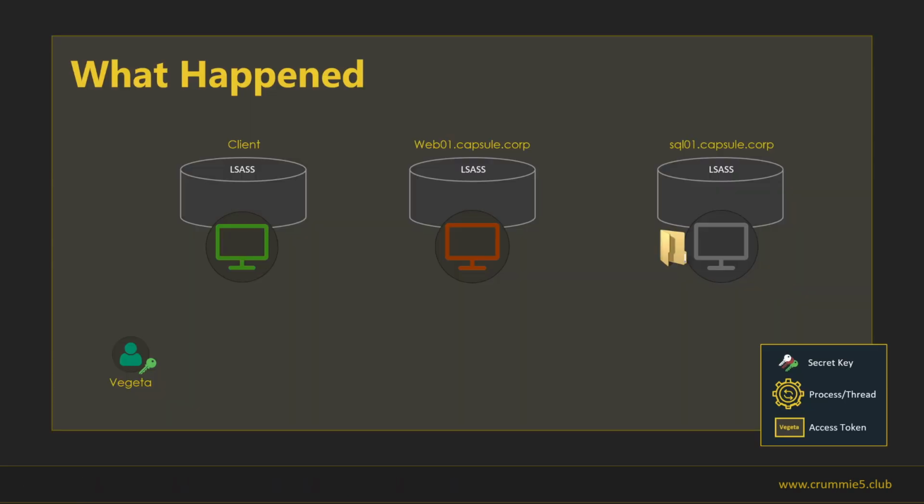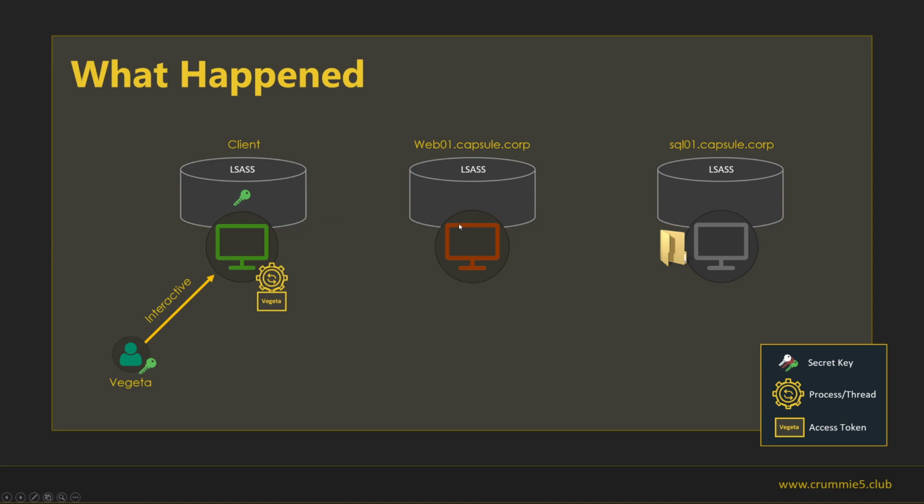So remembering the access denied we had in the application, this is what actually happened. Vegeta authenticated interactively into his machine. This ended up with his credentials cached in LSASS, and a new access token, or more than one, created in the target system.